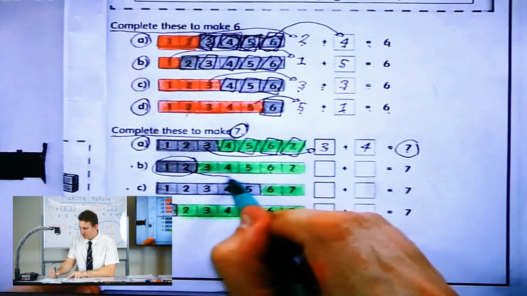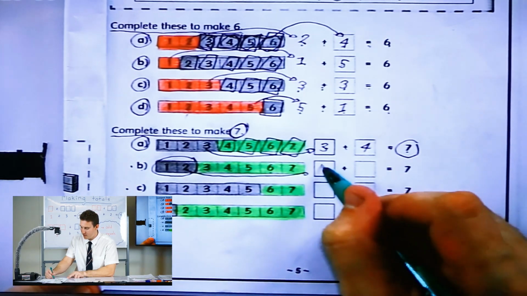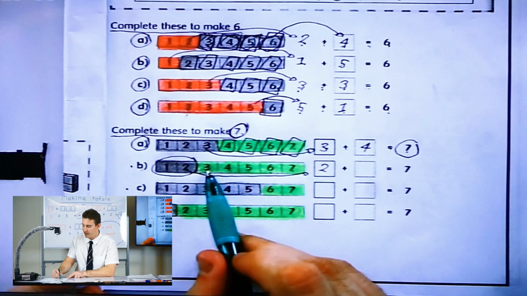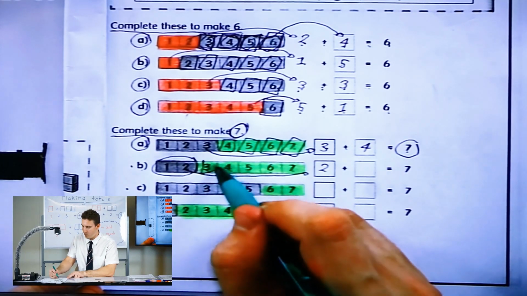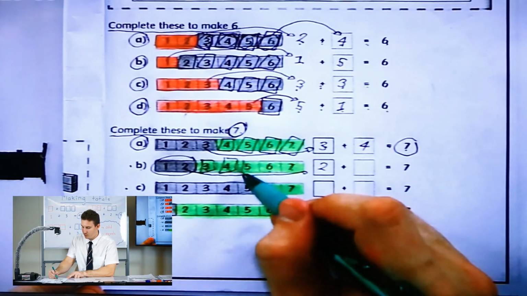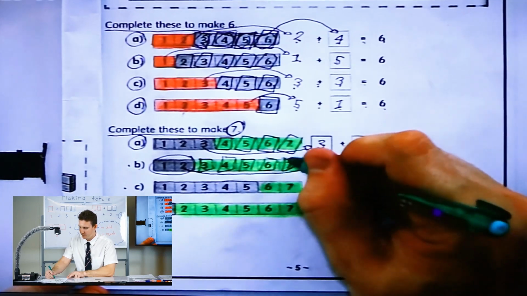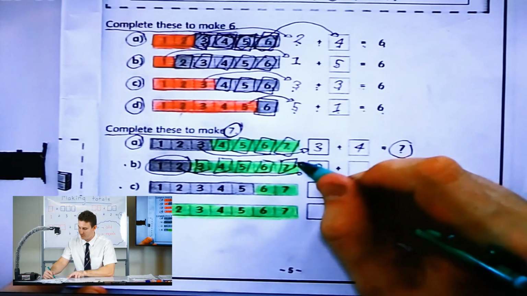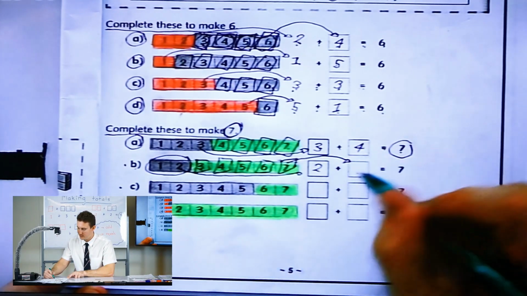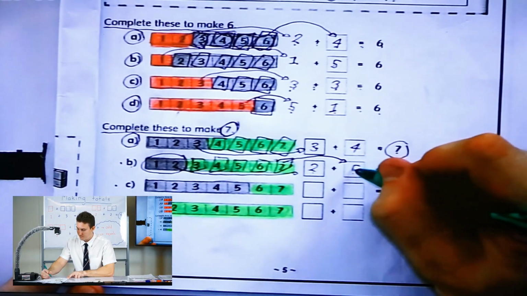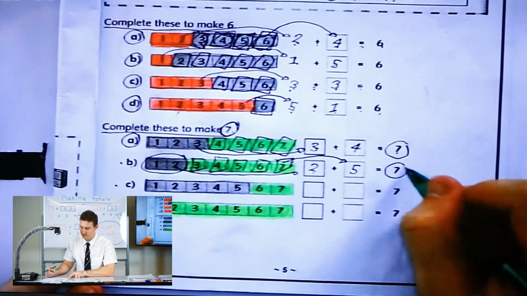So let's move the gray numbers there. And how many green numbers? We have 1, 2, 3, 4, 5. Good. 5. So we can put the green numbers next box. 2 plus 5 equals 7.